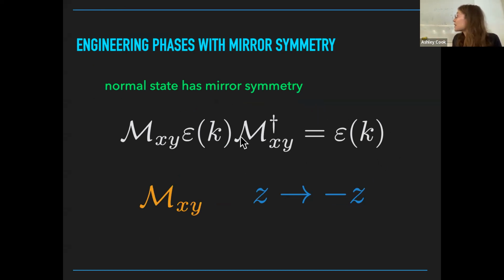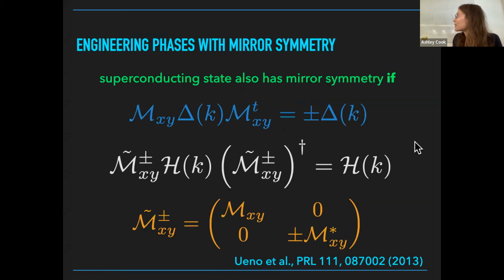So basically, if your normal state has the mirror symmetry, upon taking Z to minus Z, then there are two different options for the counterpart mirror symmetry that the Bogoliubov-de Gennes Hamiltonian has. And it depends on how the superconducting gap function basically transforms under the normal state mirror according to the following expression. It can be even or odd under this normal state mirror.